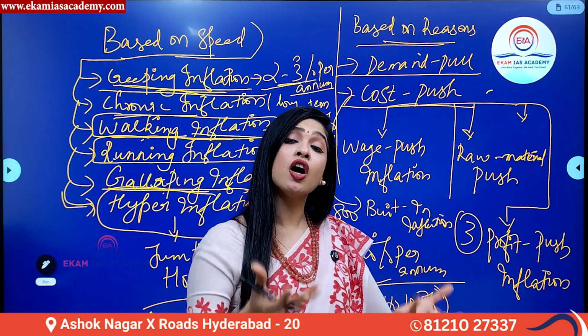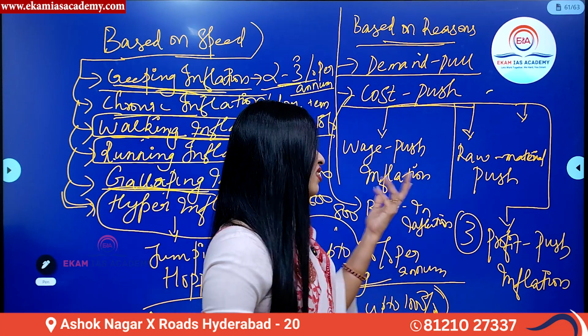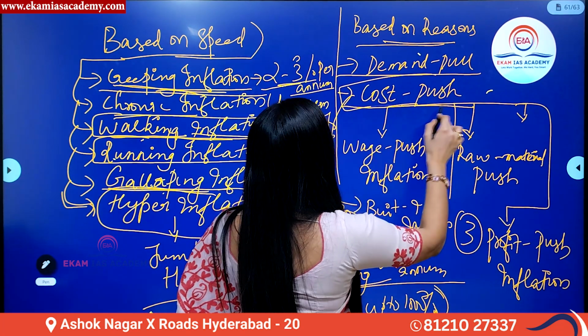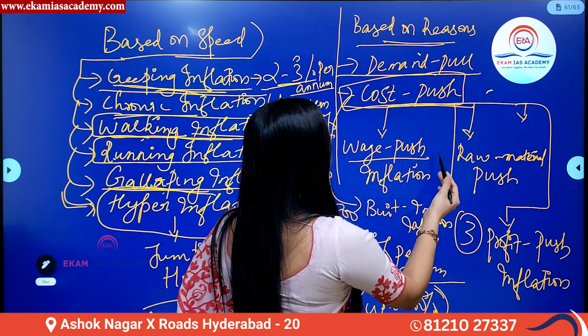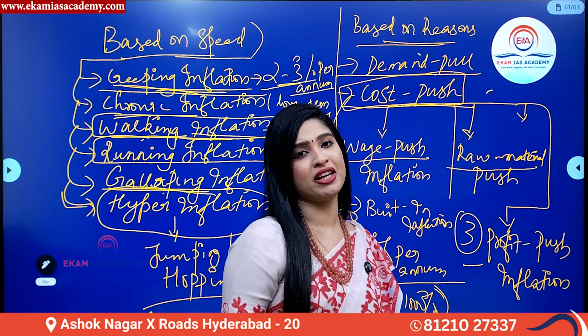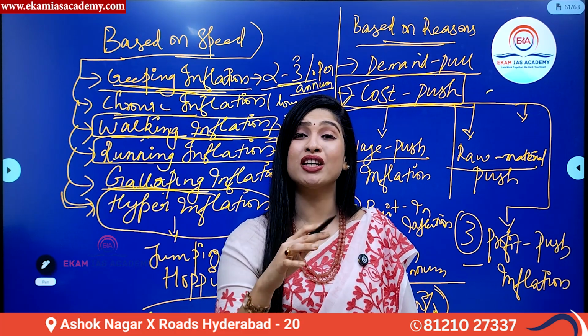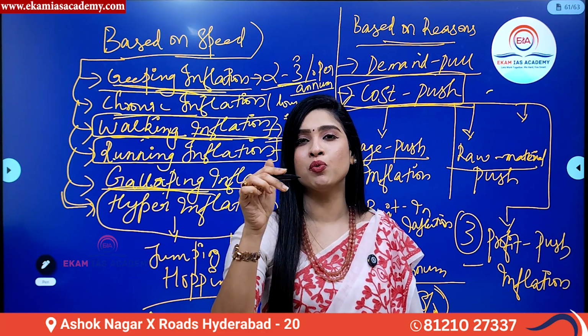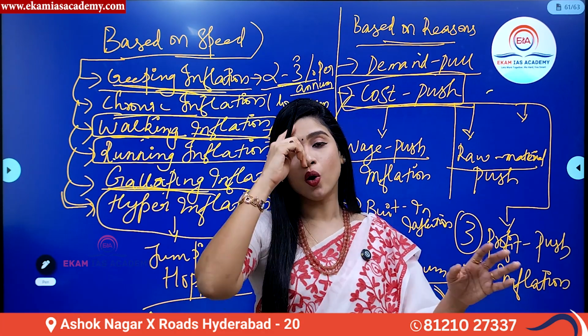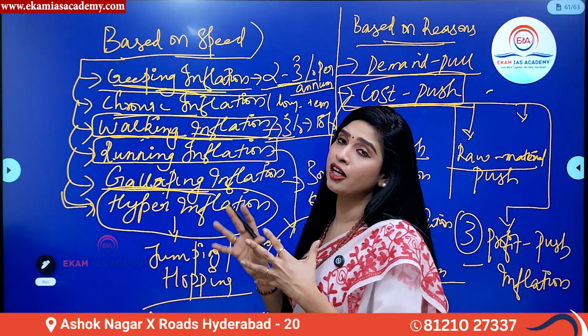That is called cost push inflation or supply-sided inflation. And cost push is of three categories: wage push inflation, raw material push inflation, and profit push inflation. We'll discuss these types in detail in the coming videos because there are many applications involved. Is it clear? I hope the types of inflation based on speed are crystal clear for all of you.